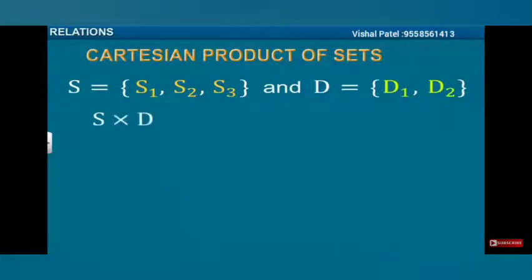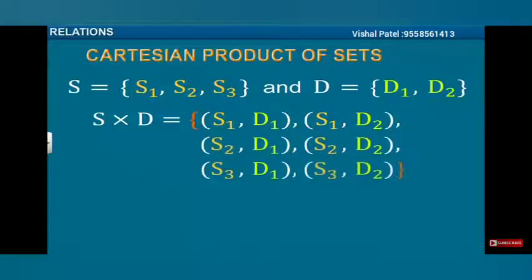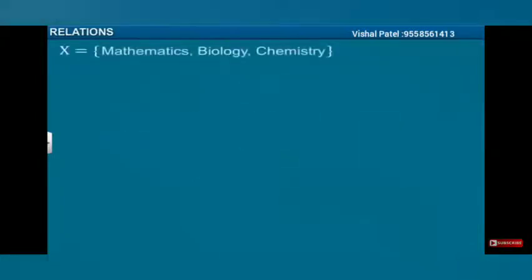We all know in S cross D we have a total of 6 elements: S1 D1, S1 D2, S2 D1, S2 D2, S3 D1 and S3 D2. Total 6 ordered pairs in S cross D, using the concept that n(A) into n(B) is equal to n(A cross B).